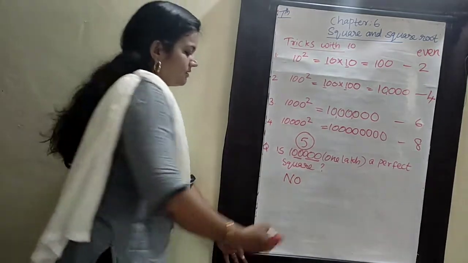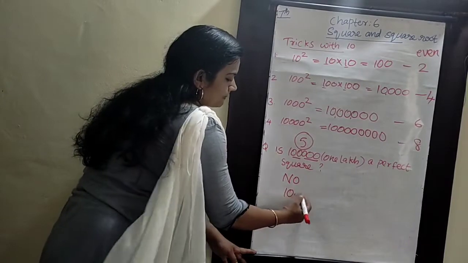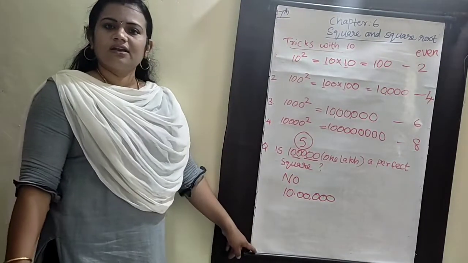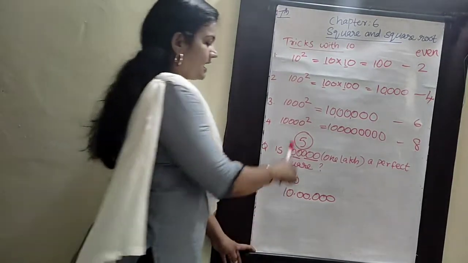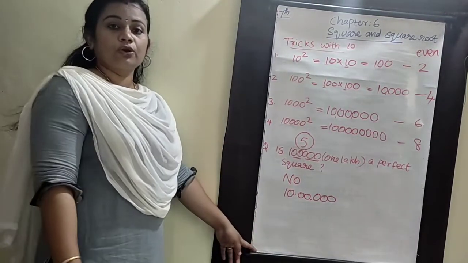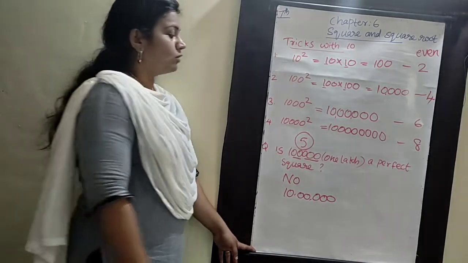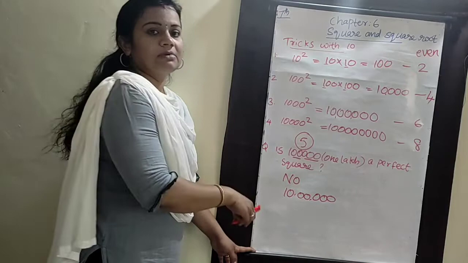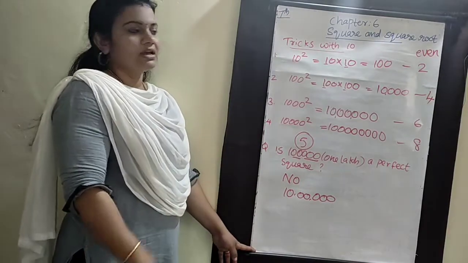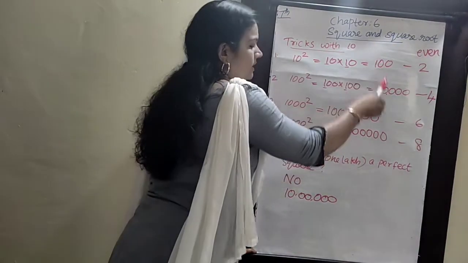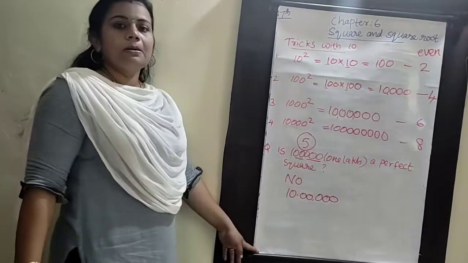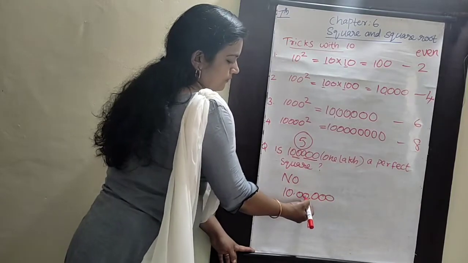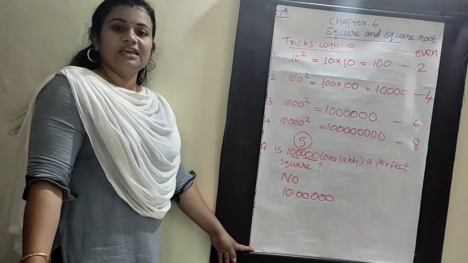Understood? Next question: 10 lakh. Is 10 lakh a perfect square? How to find out whether numbers of this type are perfect squares or not? First, count the zeros. If the number of zeros is even, the number is a perfect square. If the number of zeros is odd, the number is not a perfect square. For 10 lakh, count 1, 2, 3, 4, 5, 6. 6 is an even number.